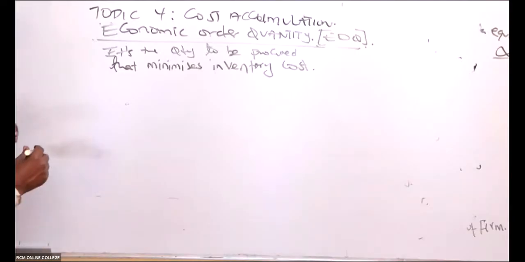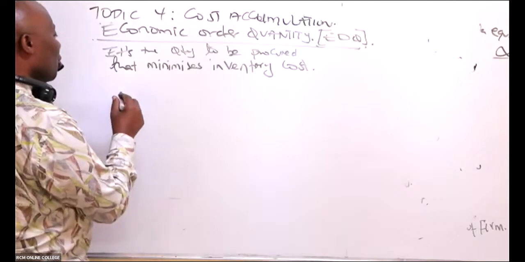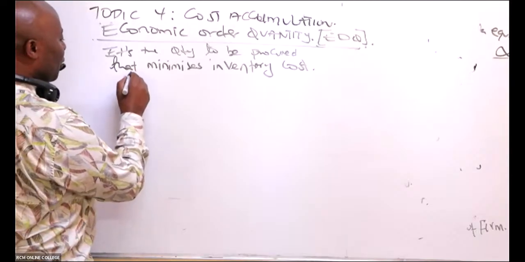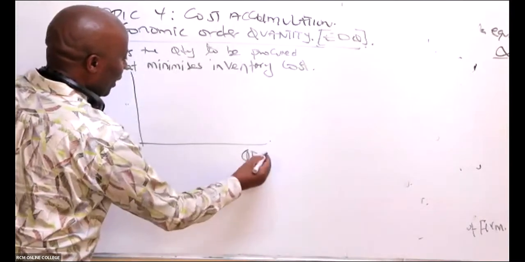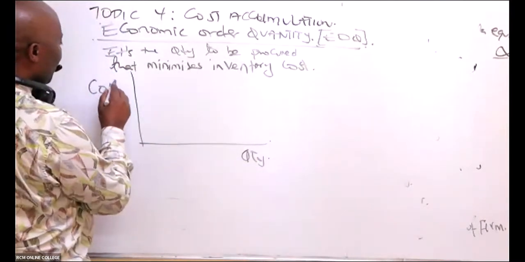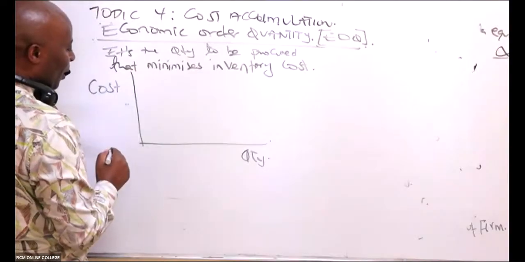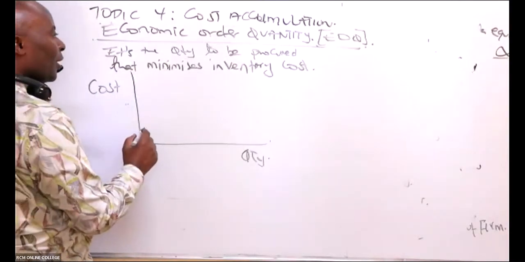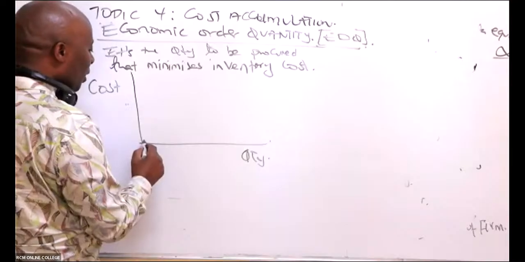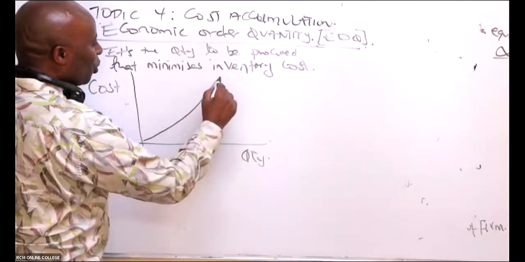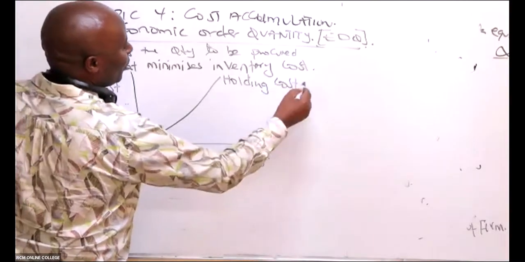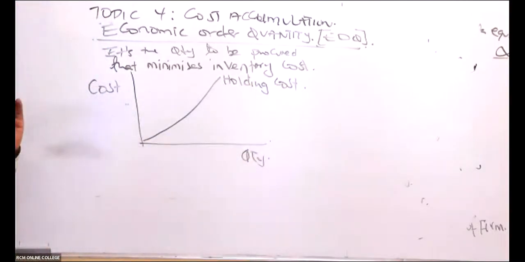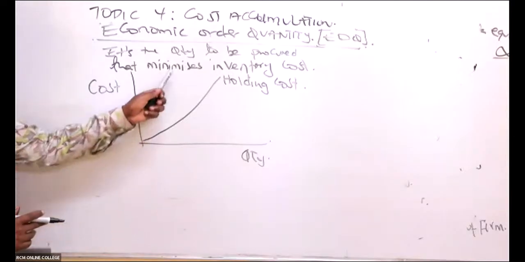Now, ladies and gentlemen, the most important thing is for you to know that there are 2 costs involved. So we have here quantity, we have here cost. We have what we call the holding cost. Holding cost will always keep on increasing as we procure.